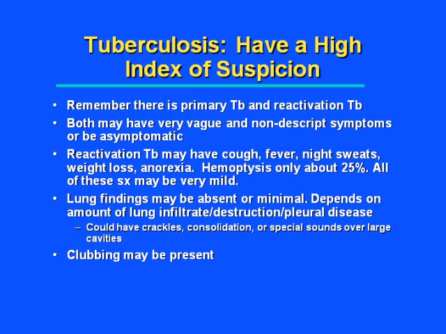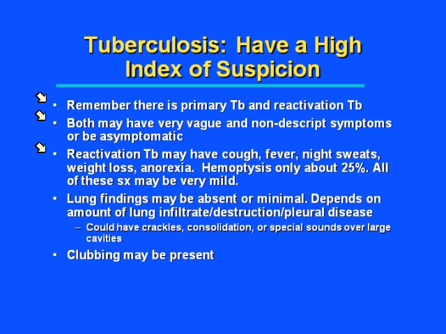been diagnosed or treated. So remember that we have primary and reactivation TB. I'm not going to go into those differences for this lecture, but the important thing is they may have fairly vague and nondescript symptoms. So they may actually not be very symptomatic. At early stages of the disease, the symptoms are mild, may be attributed to just being overworked or tired or the flu or something like that.